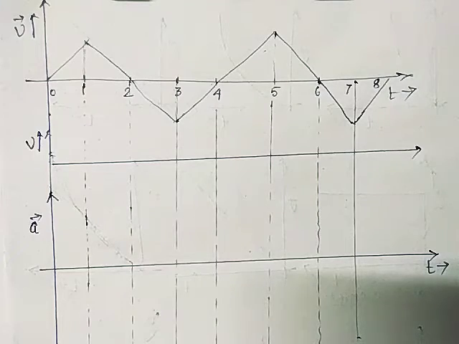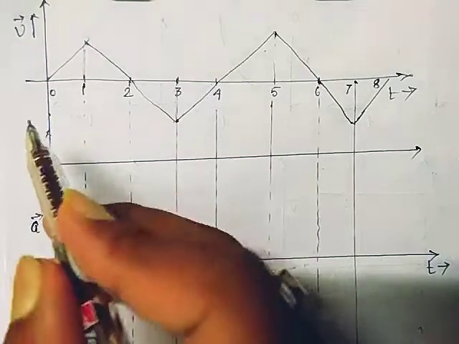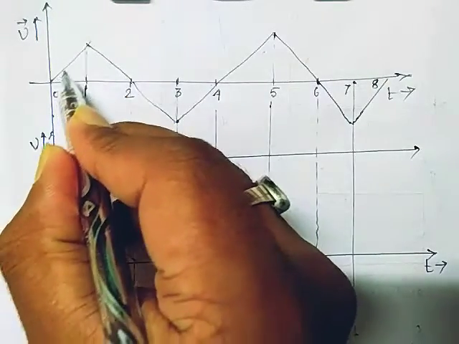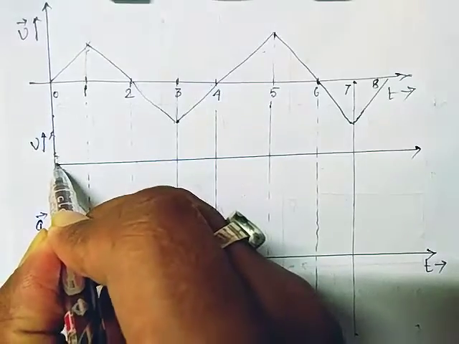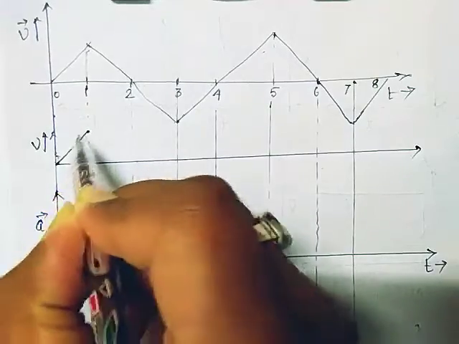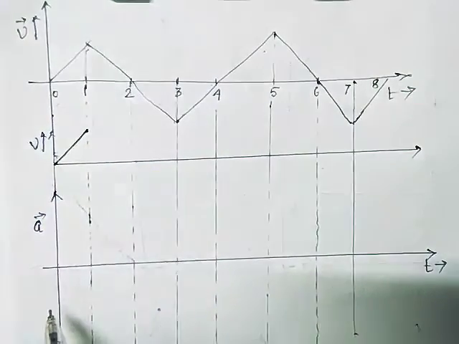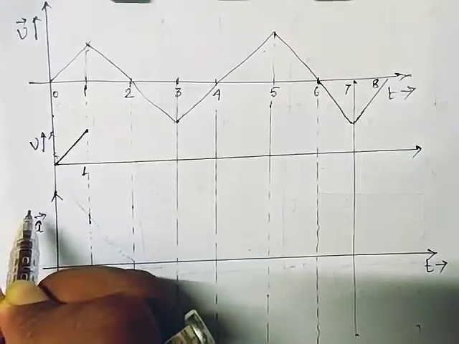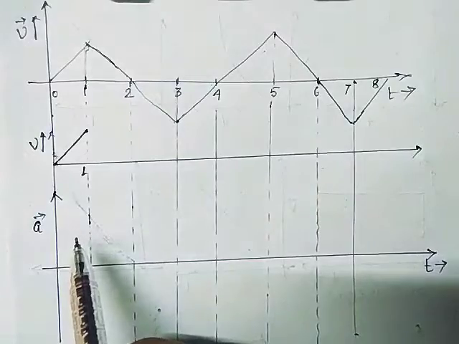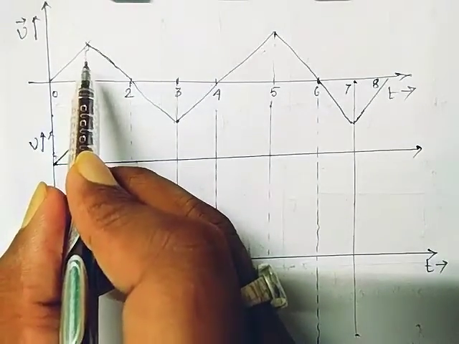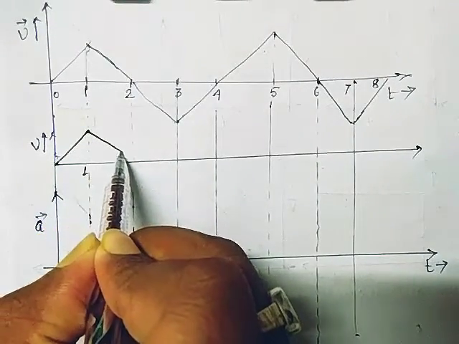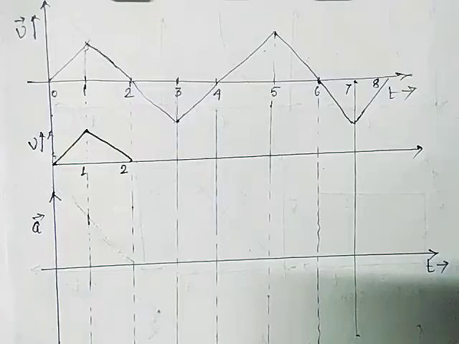So if we just try to understand this, here the velocity is increasing up to this time, so obviously the magnitude of velocity, or the speed, will also increase up to the first time interval. Then the velocity is decreasing, the magnitude of the velocity is decreasing, so obviously the speed is also decreasing up to 2, no problem.